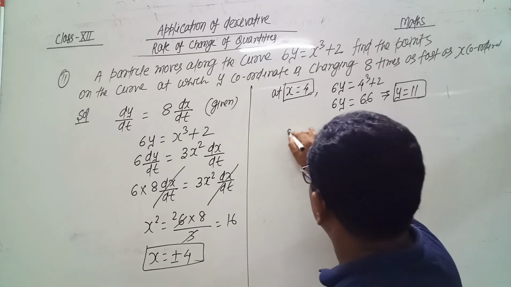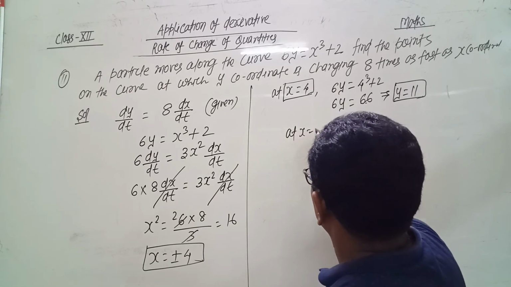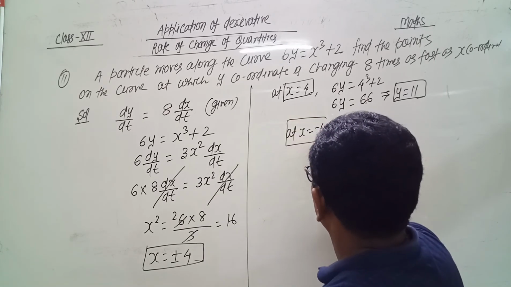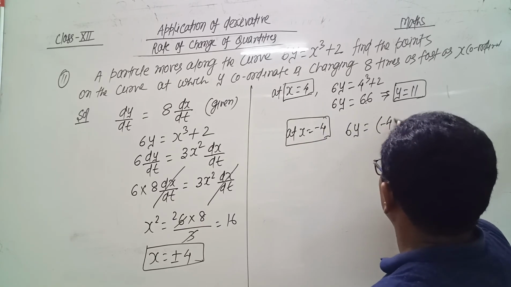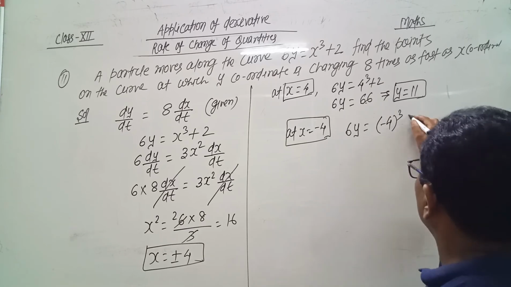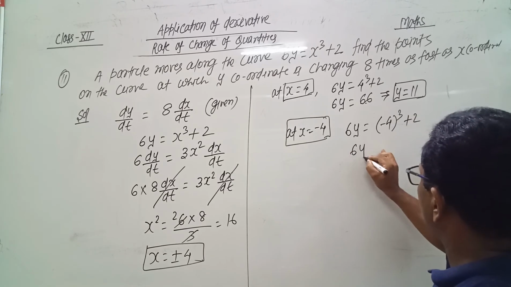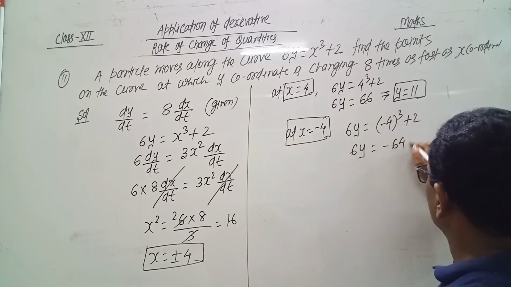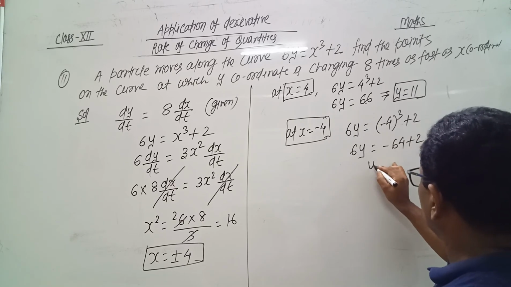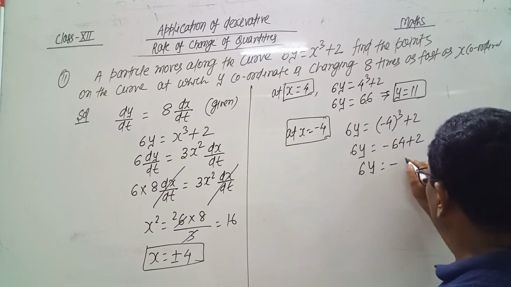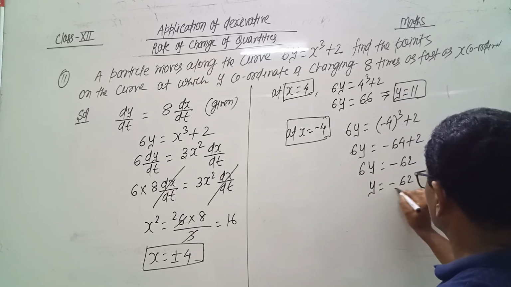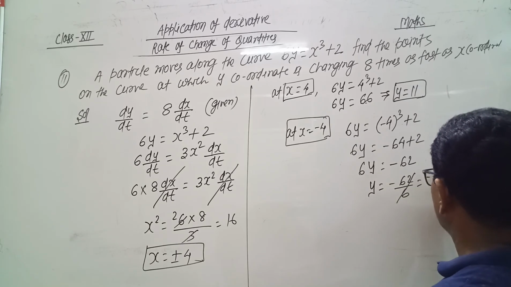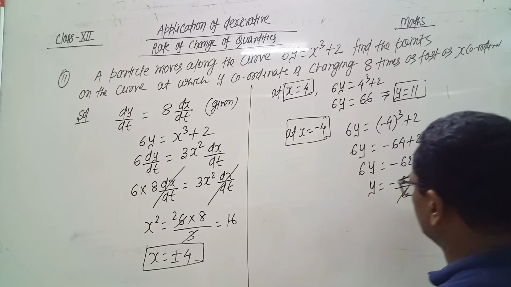Now at x equals minus 4, 6y equals minus 4 cube plus 2. So 6y equals minus 64 plus 2, which is minus 62, and y equals minus 62 upon 6, which is minus 31 upon 3.